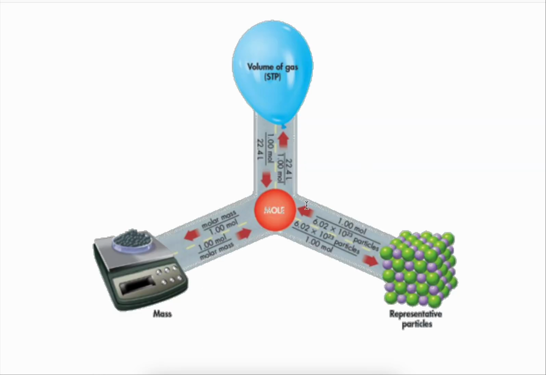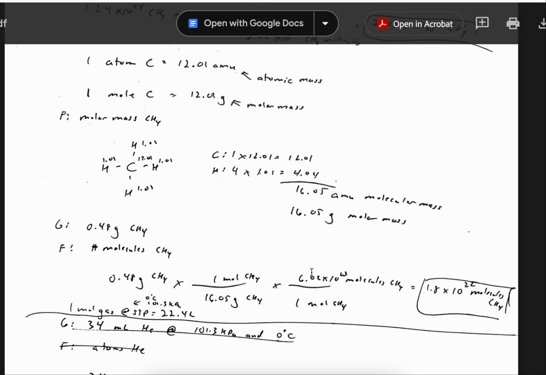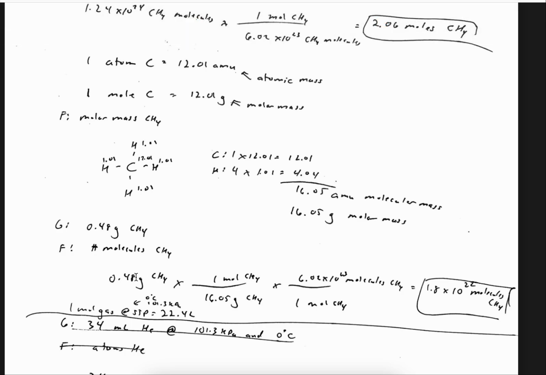And then we'll convert from moles into molecules of it by going to the right, multiplying by this unit conversion factor, 6.02 times 10 to the 23 molecules of CH4 over 1 mole of CH4. That way grams of CH4 is on top and bottom, it cancels. Mole of CH4 is on top and bottom, it cancels, and we'll be left just with molecules of CH4.